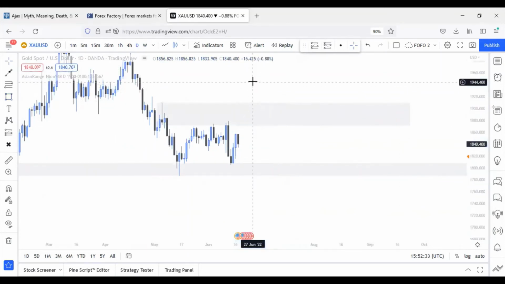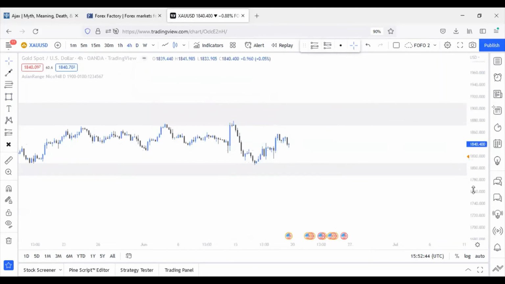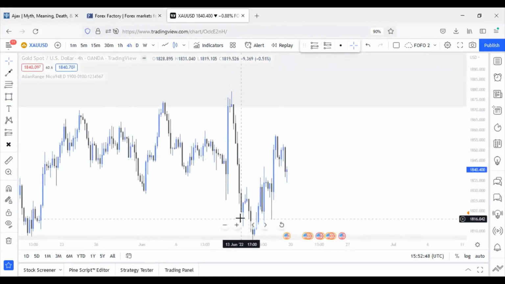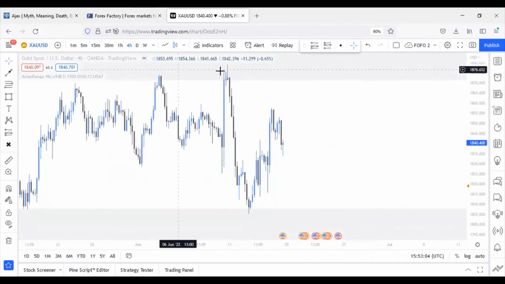Again, we could see gold not go much higher because I'm already seeing a mitigation at this point. I'm seeing this impulse to the downside, and if we scale down to the lower time frame, we can see that this is potentially just a retest happening where price is filling up this fair value gap, right? So once price is done filling up this gap and is done taking all the sell side liquidity from this zone, we could see a massive sell-off from this point.